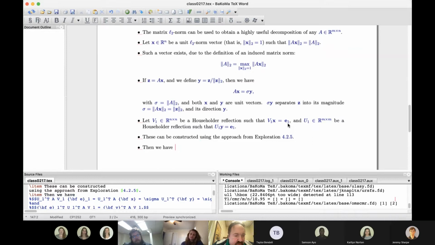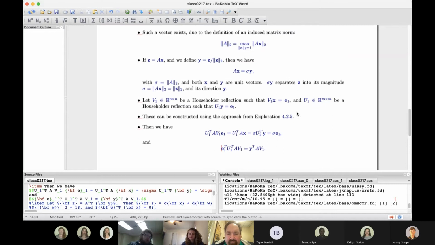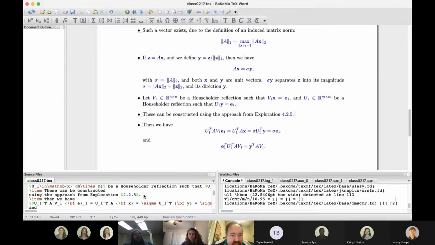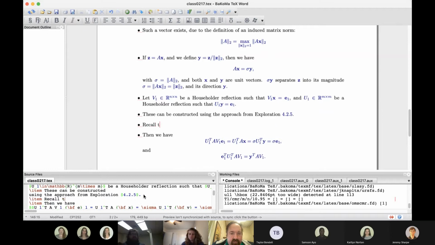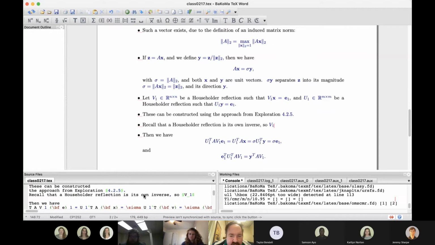So now, what happens if I use both of these householder reflections in combination? What I need to use here is the property that a householder reflection is its own inverse. So that would tell us that, for example, V1 e1 is equal to x.